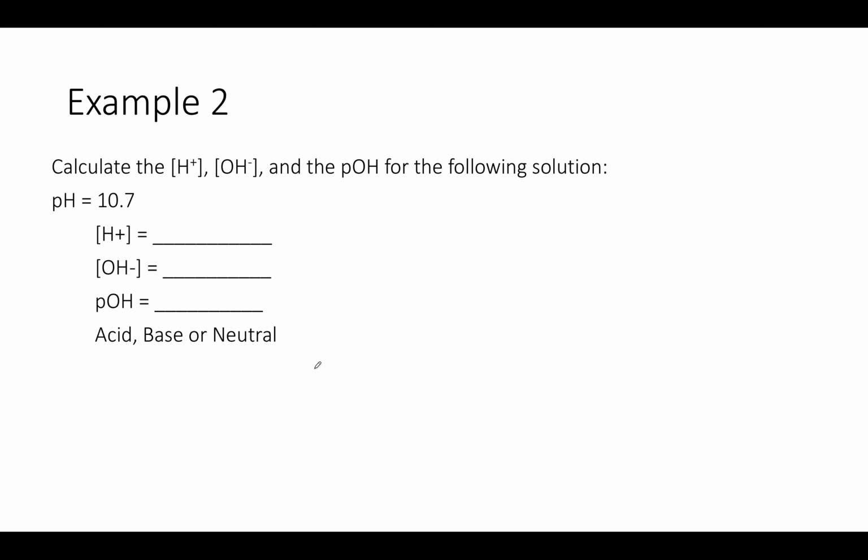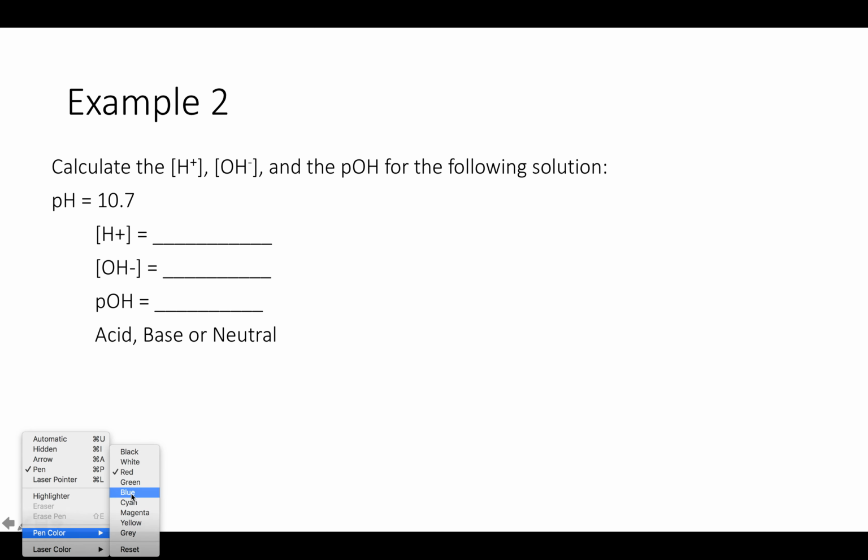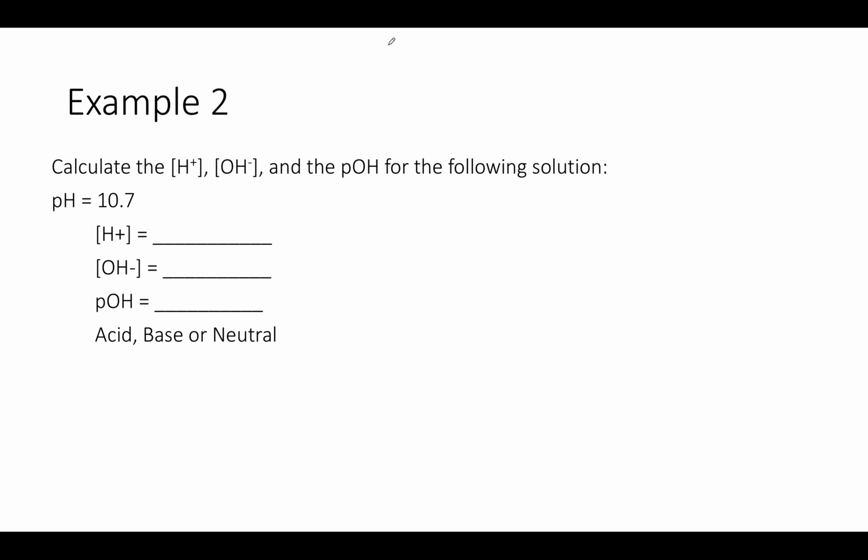Okay, now for example 2: calculate the hydroxide ion concentration, the hydrogen ion concentration, and the pOH for the following solution, and then determine whether it's acidic, basic, or neutral. First thing I'm going to do is calculate the pOH. The pOH would equal 14 minus the pH.